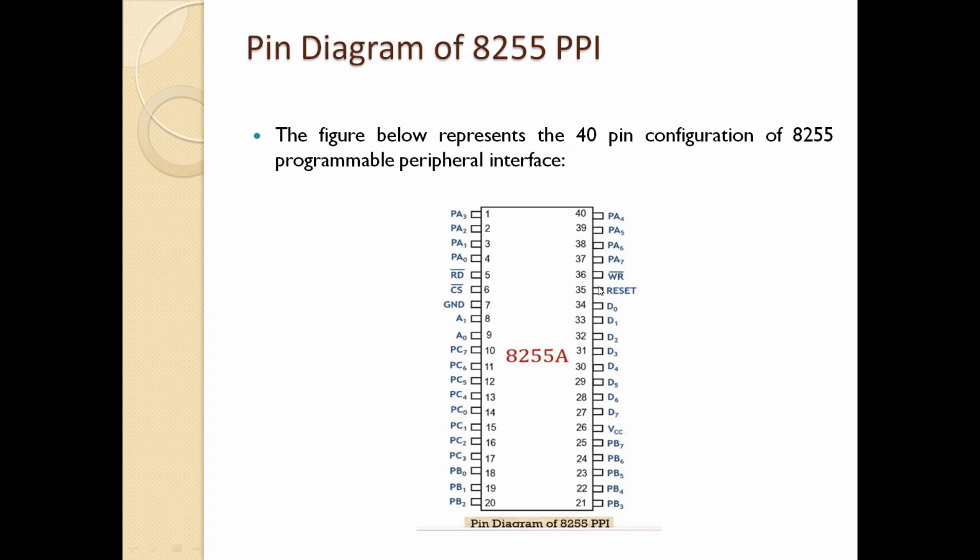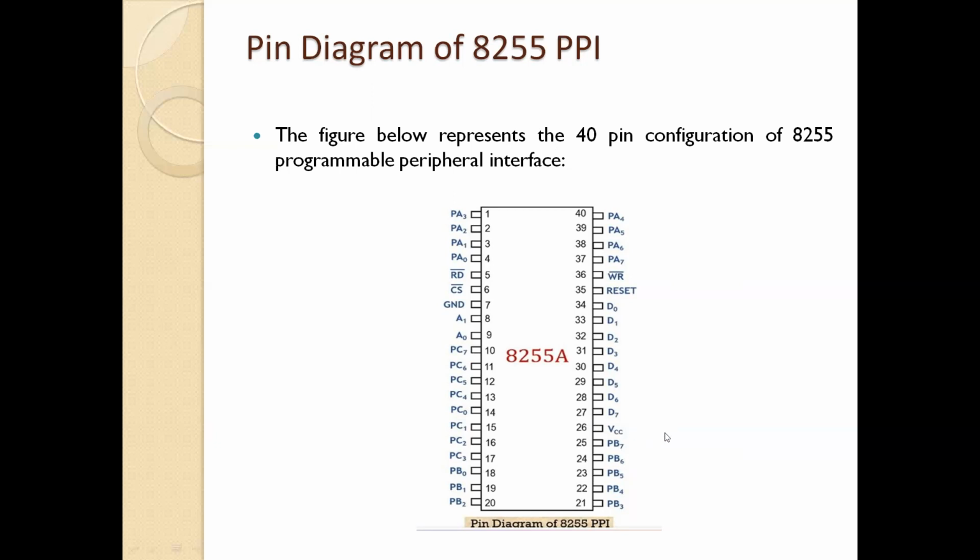There is also a write pin, a reset pin, and the data bus buffer pins, D0 to D7. And pin 26 is the VCC supply pin.